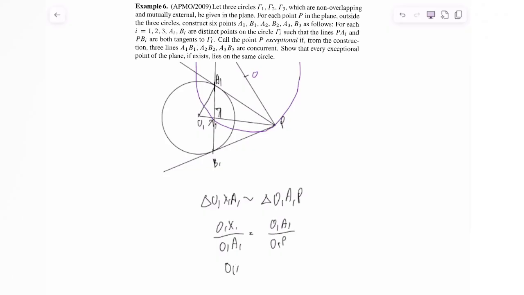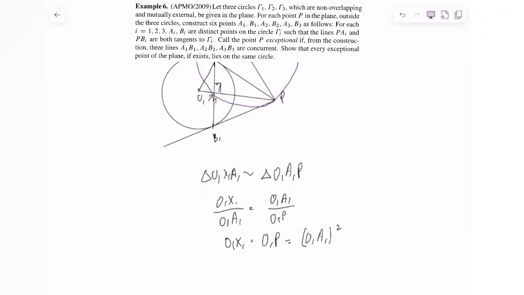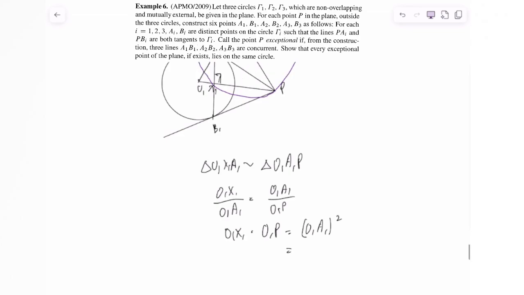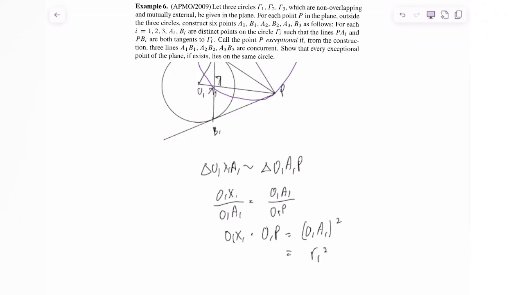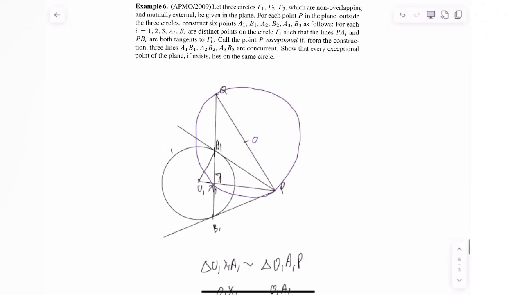So O1X1 times O1P equals O1A1 squared. And O1A1 squared is nothing but R1 squared, where R1 is the radius of the first circle that we're seeing.